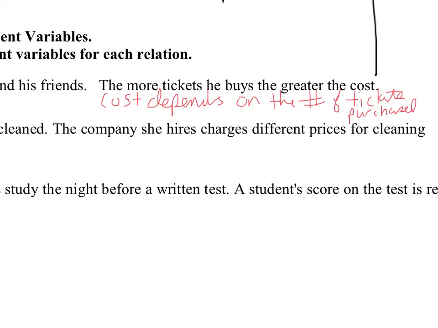So in other words, cost is the dependent variable and the number of tickets he buys is the independent variable.